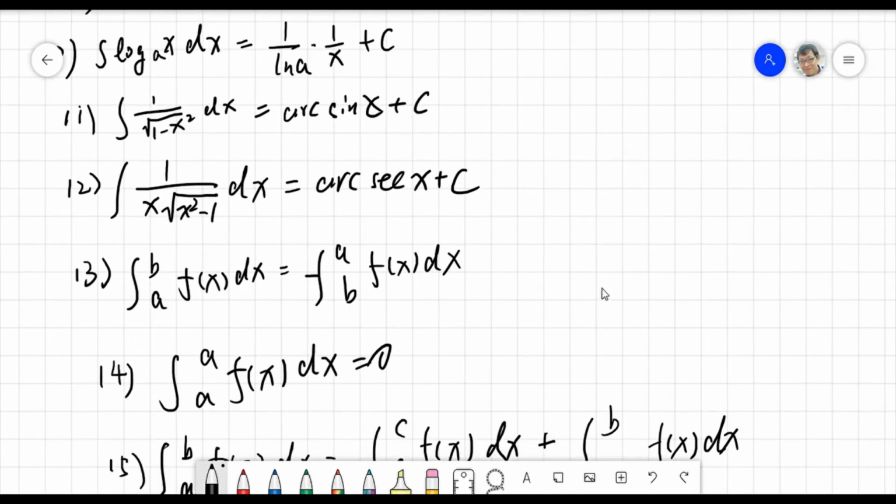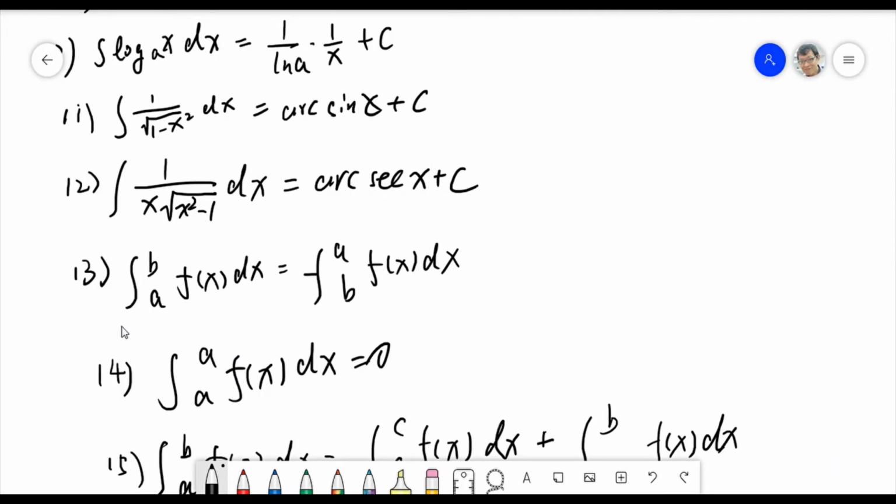Formula 13 is interesting. The only thing that changes is b and a, right? If you change the positions of b and a, you have to add the negative sign. Imagine that it makes sense, because it starts from a, then comes to b.